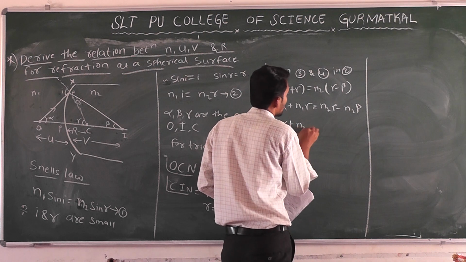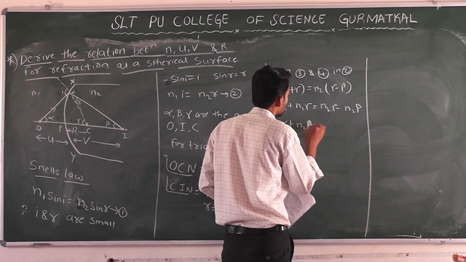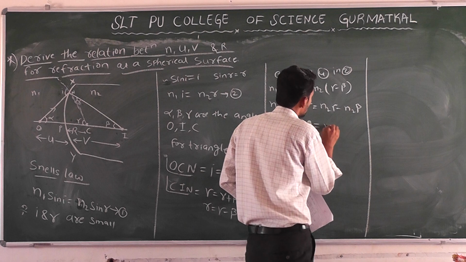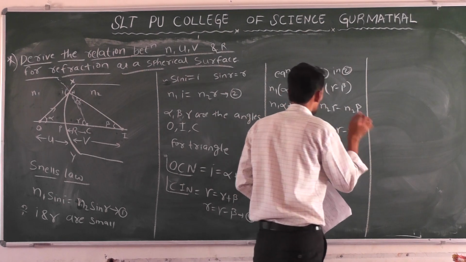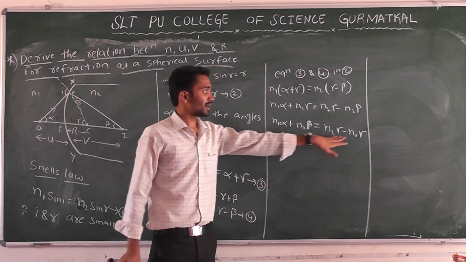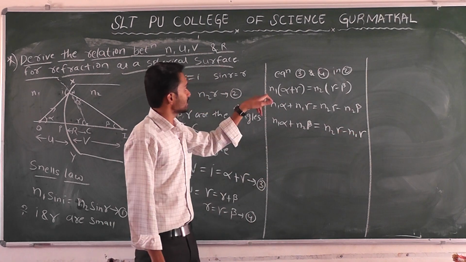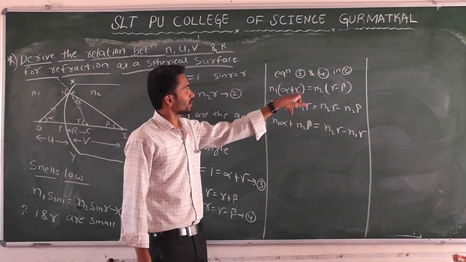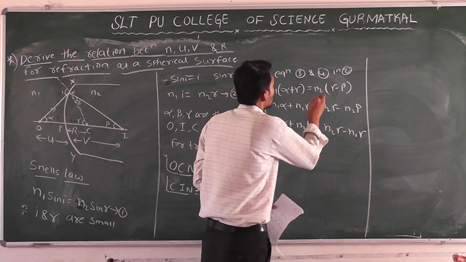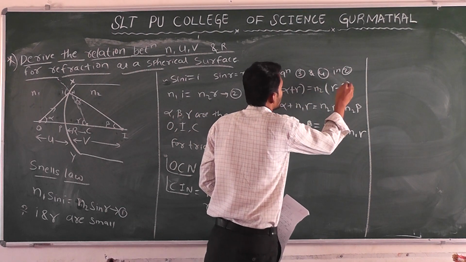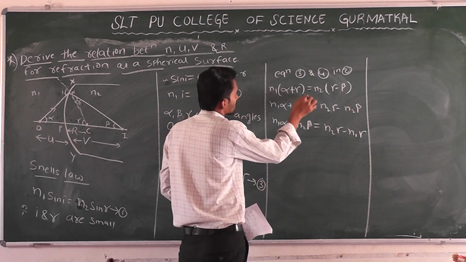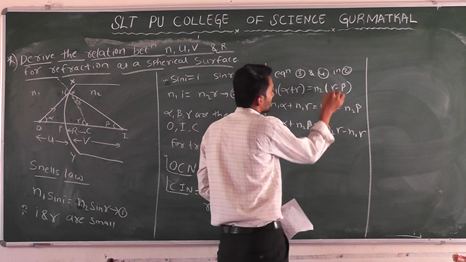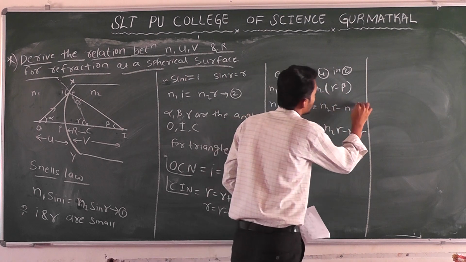N1 alpha plus N2 beta is equal to N2 gamma minus N1 gamma. So what are we doing here? The gamma terms we are taking to one side. See the equation once again. N1 times alpha plus gamma is equal to N2 times gamma minus beta. Multiplying, N1 alpha plus N1 gamma is equal to N2 gamma minus N2 beta.